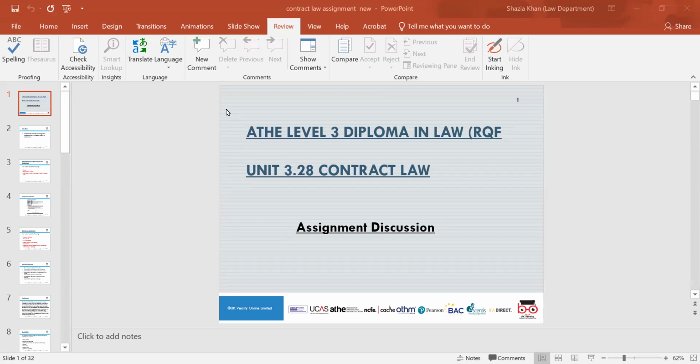And then we looked at quasi contracts, where there's no offer and acceptance. We then went on to look at contracts on the basis of consideration: bilateral contracts and unilateral contracts, executed contracts and executory contracts.